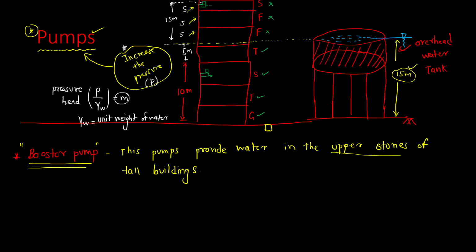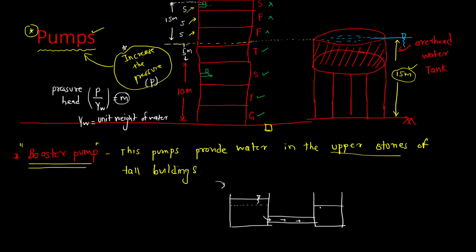What is this water level? This is the level of water present in the overhead water tank. I hope you have seen one experiment. In this experiment, if two bowls are connected with a pipe and I add water to the first bowl, slowly the water level will decrease because the water will start flowing through the pipe and enter the second container.